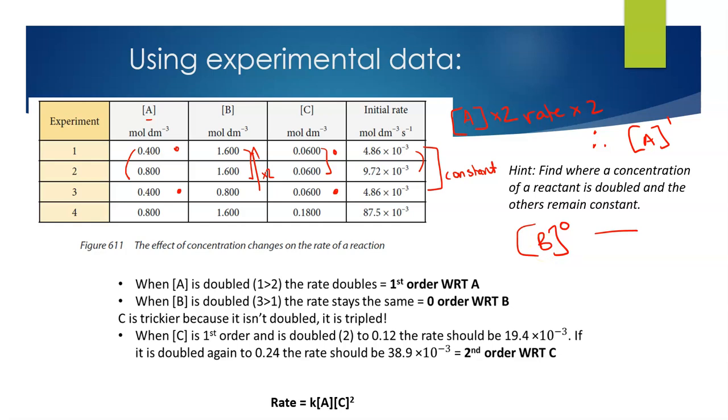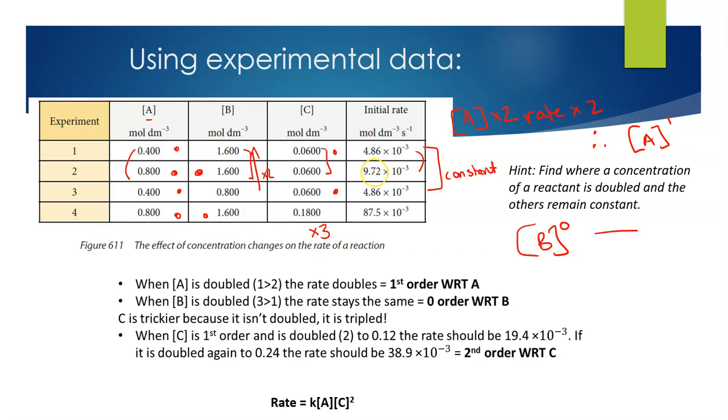Then the one that we need to do is look at trying to find one where we have C. In this case, we can see that C is going to be 0.06 to 0.18, so we're going to multiply by 3. We need to find one where it's constant for the others, so we're going to pick trial 2 and 4, because the concentration of A and B is constant here, and this time it's tripled.